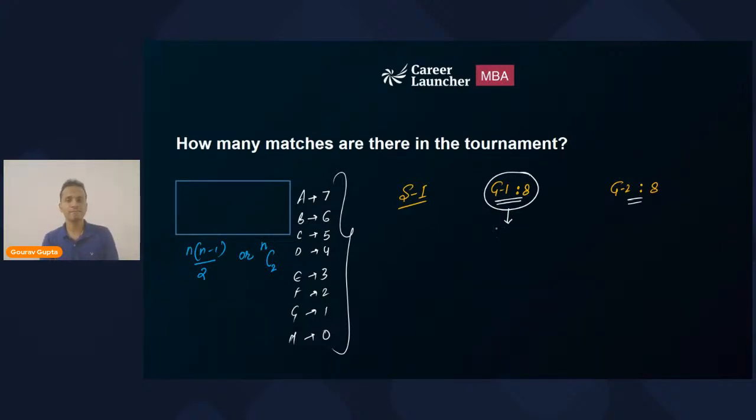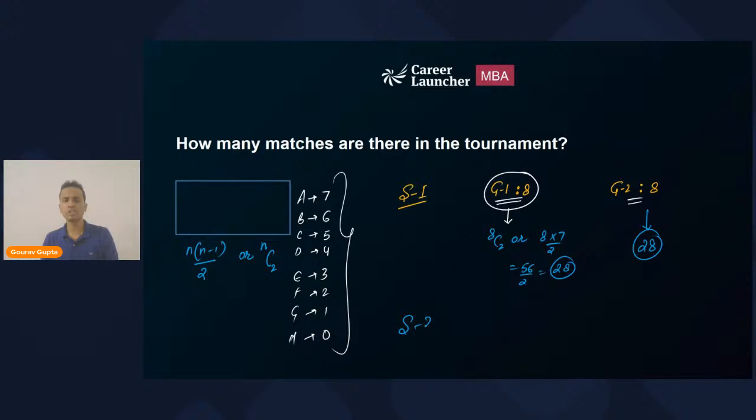Now, in this case, in the first group, 8C2 or 8 multiply 7 upon 2, that is 56 divided by 2, 28 matches will happen among group 1, and another 28 matches will happen among the teams of group 2. All right, Timothy, you will understand your mistake. I believe instead of 28 and 28, you have taken 56 and 56. So it will be 28 matches in group 1, 28 matches in group 2.